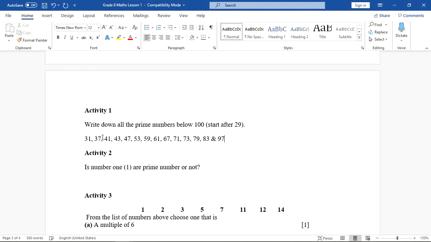All these numbers that I have listed here are prime numbers. Like 43 has only 2 factors, 1 and itself.